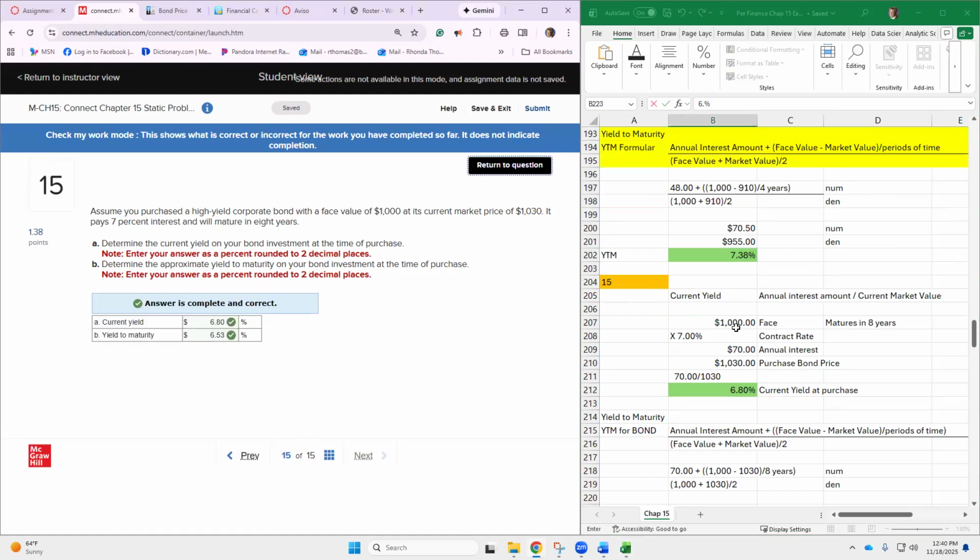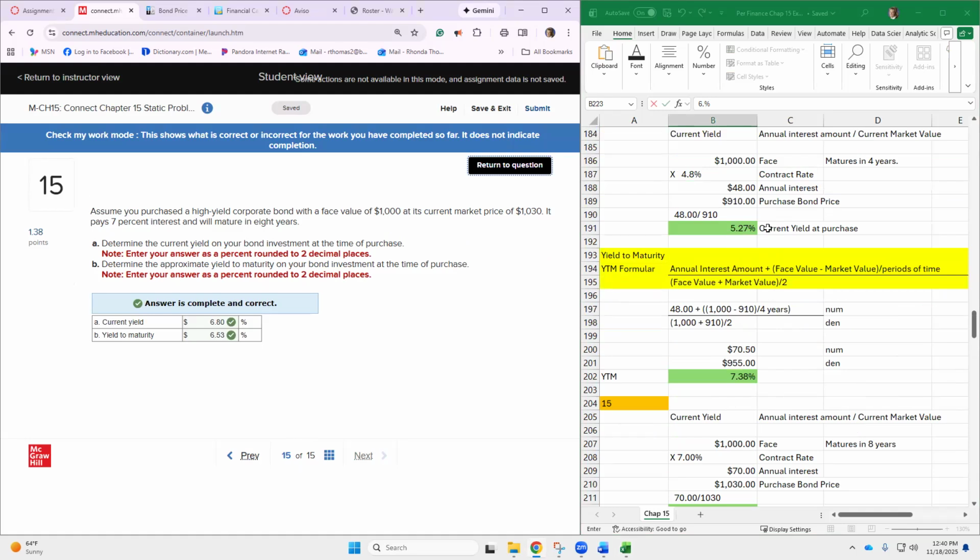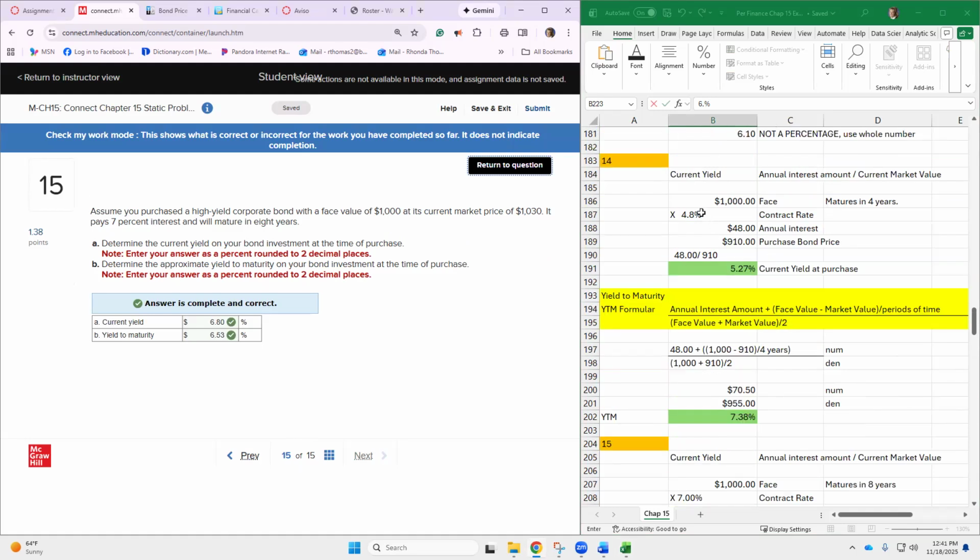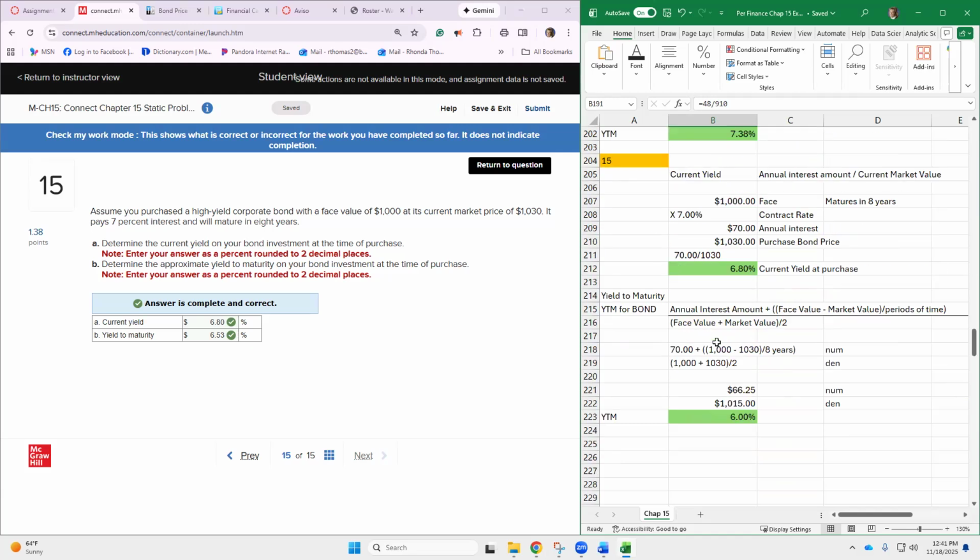Back here, one more time, back here, when we did it, our interest rate was 4.8%, and we bought that bond at a discount. When you buy a bond at a discount with a current yield, then the yield to maturity will be larger than the current yield, but the opposite is true.